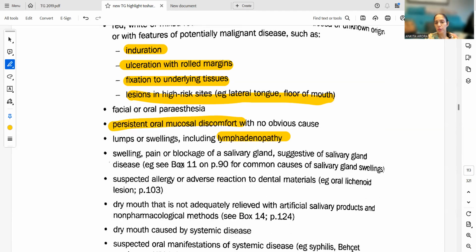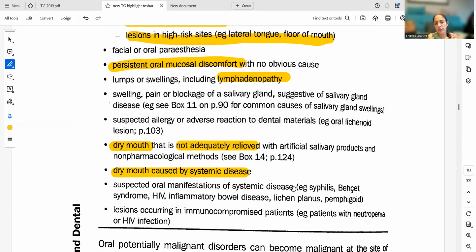Suspected allergy or adverse reaction to dental materials. Example, oral lichenoid lesion. Then dry mouth that is not adequately relieved with artificial salivary products and non-pharmacological methods. So again, it must be investigated, which is not adequately relieved once. Then dry mouth caused by systemic disease.